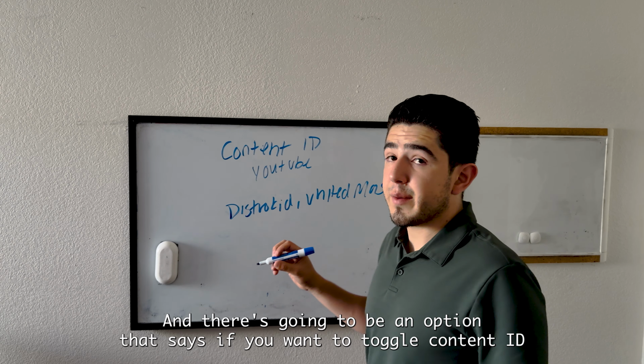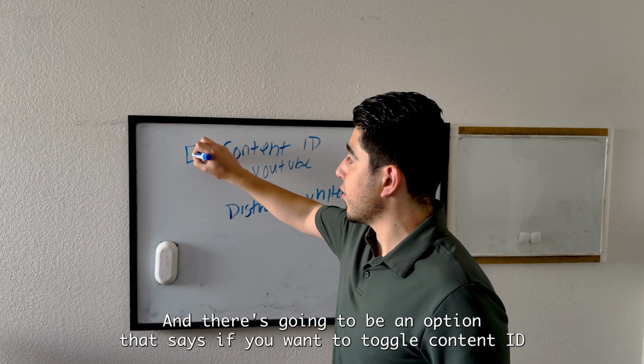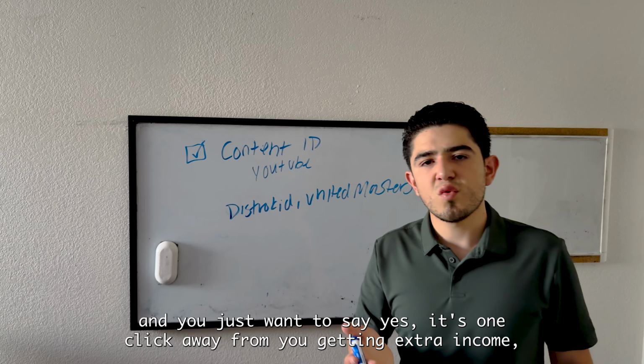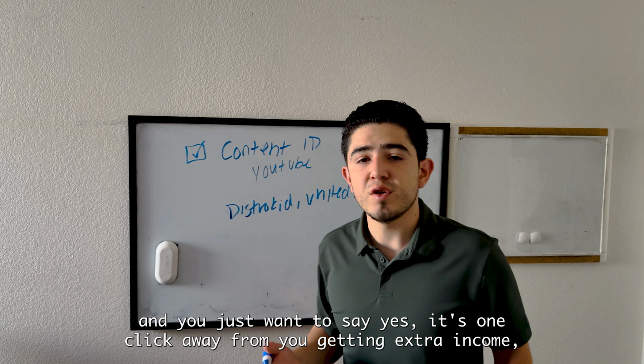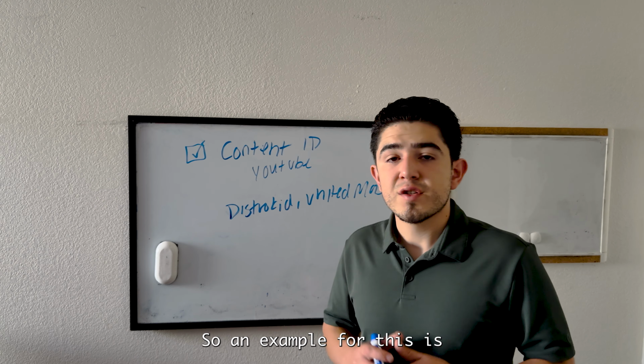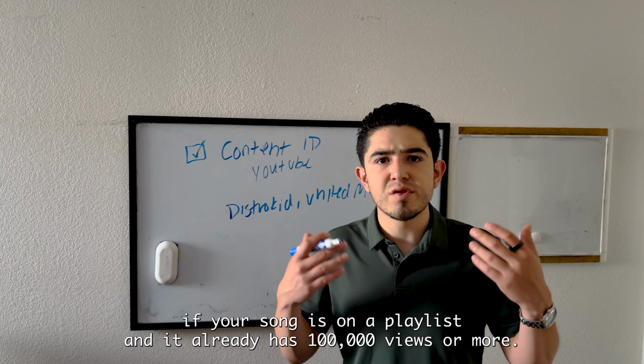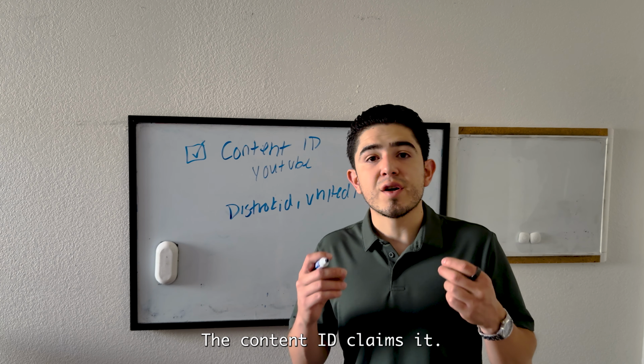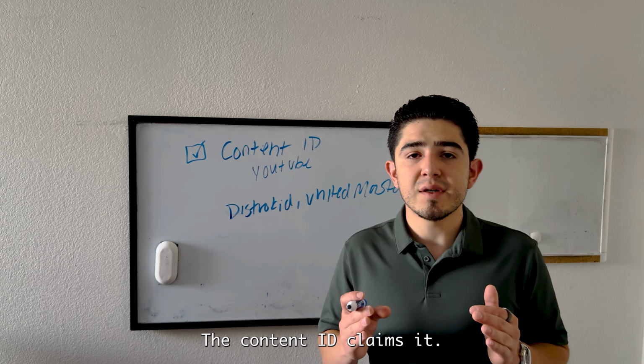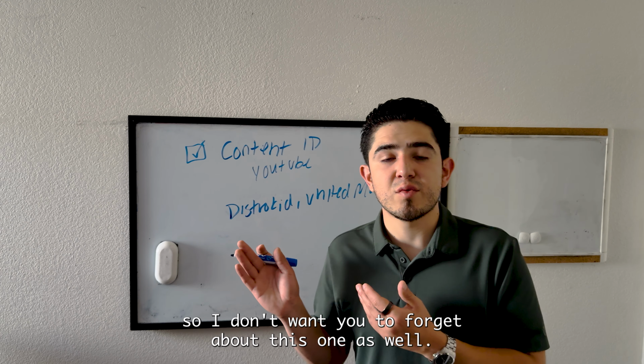And there's gonna be an option that says if you wanna toggle content ID, and you just wanna say yes. It's one click away from you getting extra income. So an example for this is if your song is on a playlist and it already has 100,000 views or more, the content ID claims it. So I don't want you to forget about this one as well.